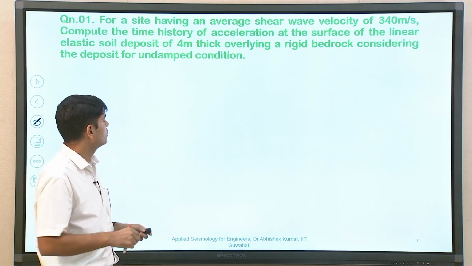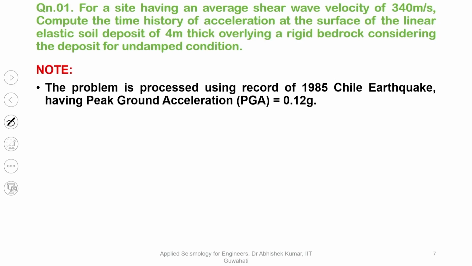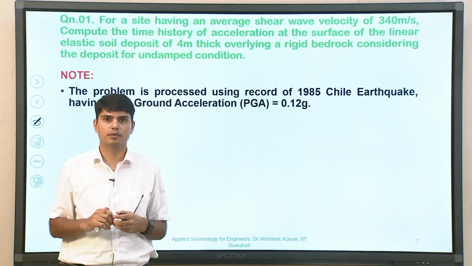How are we going to solve it? First of all, write down what is given to you. One thing which was not defined here is which motion one has to take into account. Either you can be given the motion, or you can adopt some motion and say that you are going to perform ground response analysis considering a particular motion.